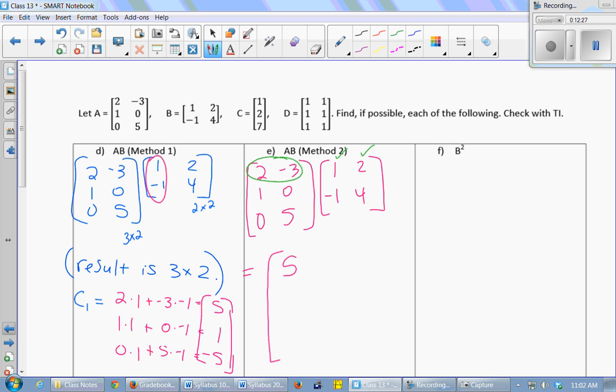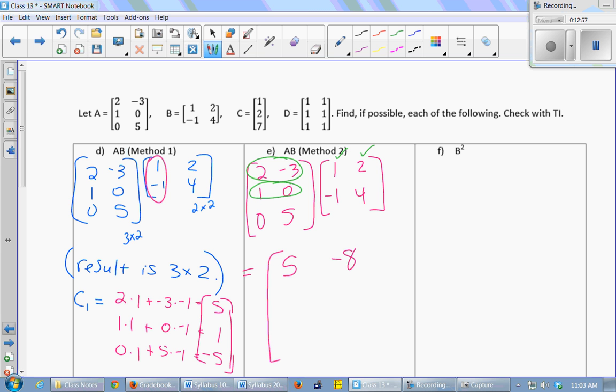Now I'm still working with row 1 from matrix A, multiply it by column 2 of matrix B. So you do 2 times 2 plus -3 times 4, and you get -8. Then you move to the next row of matrix A. 1, 0, multiply it by each column, and that gets you the 2 entries of row 2.